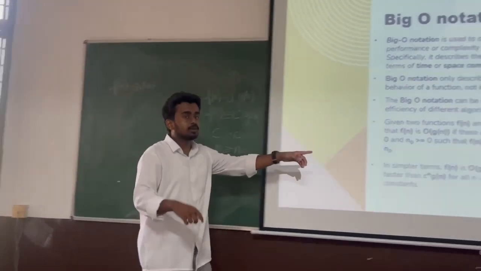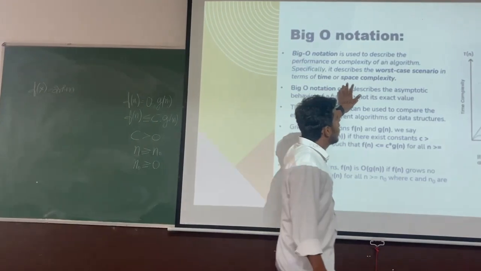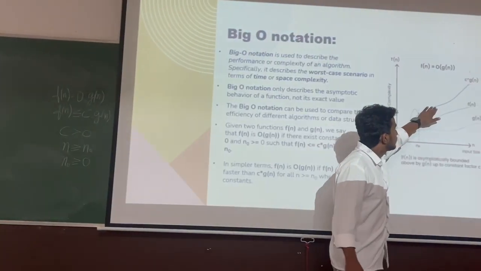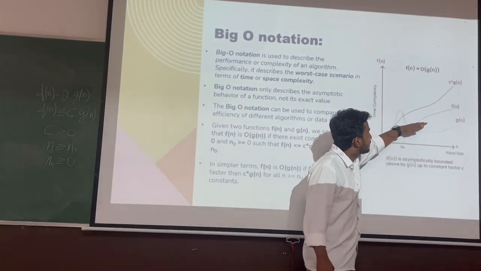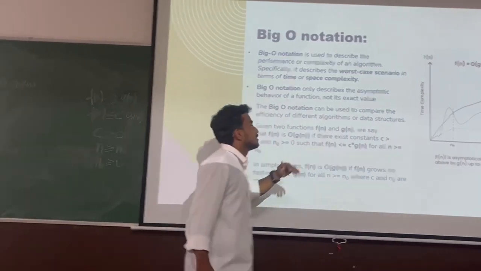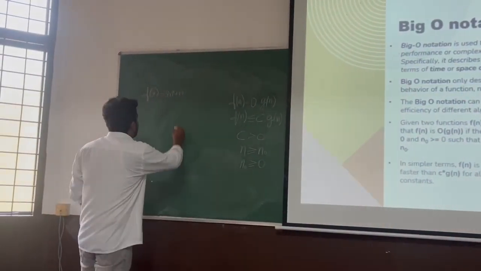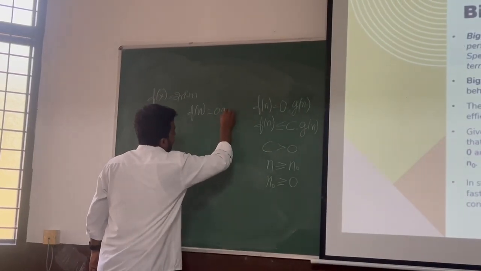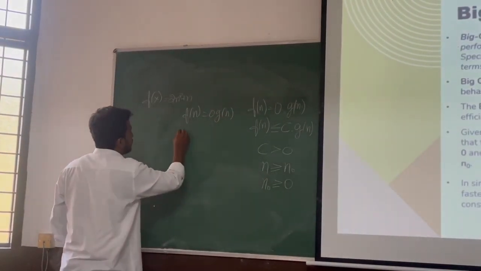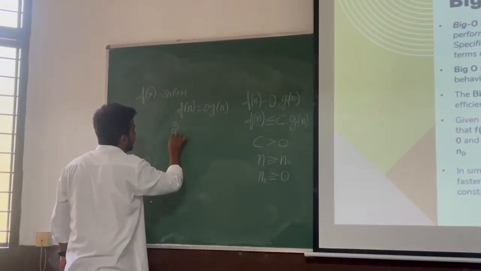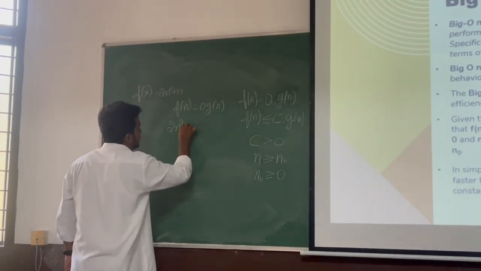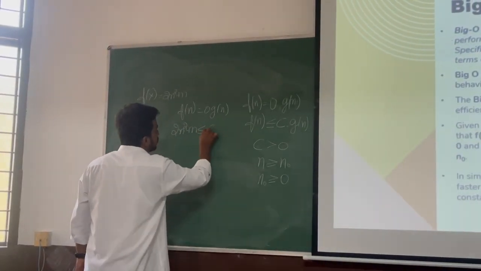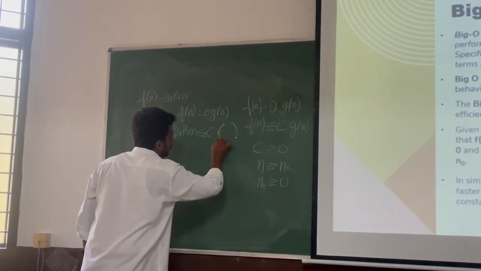In big O notation, we have to note that the upper bound c times g of n has to be always greater than f of n. So we write f of n is order of g of n, and f of n, which is 2n square plus n, has to be less than or equal to c times g of n.